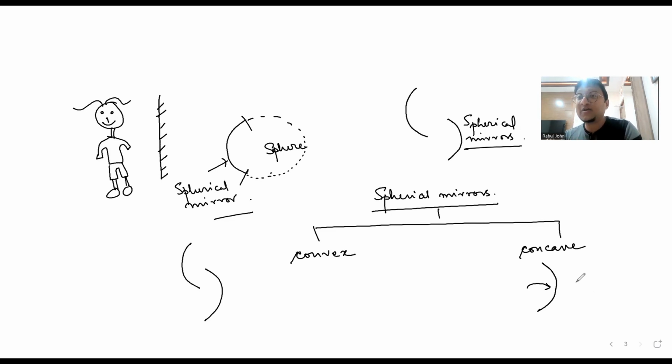So this is a concave mirror because the light ray is going inside, and the reverse will be convex, which is bulging outwards. So I hope now you will not have a confusion about which is a convex mirror and which is a concave mirror. Convex mirror will always be bulging outwards, and concave mirror will be bulging inwards.